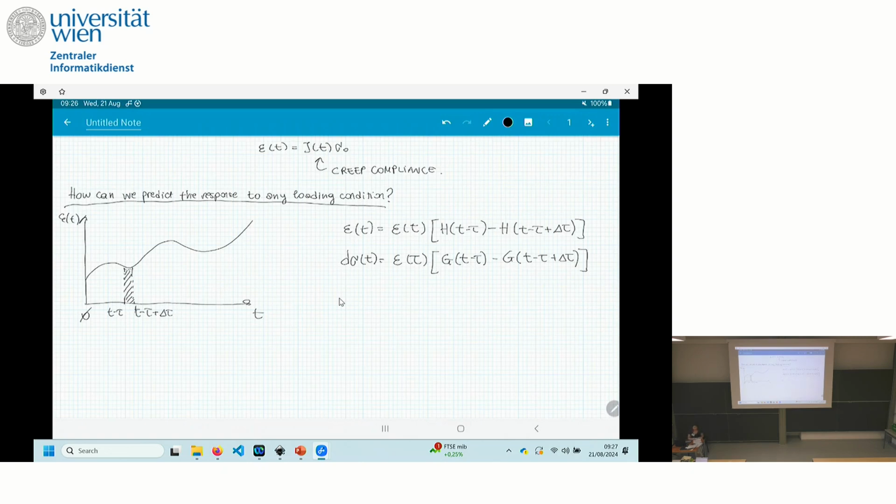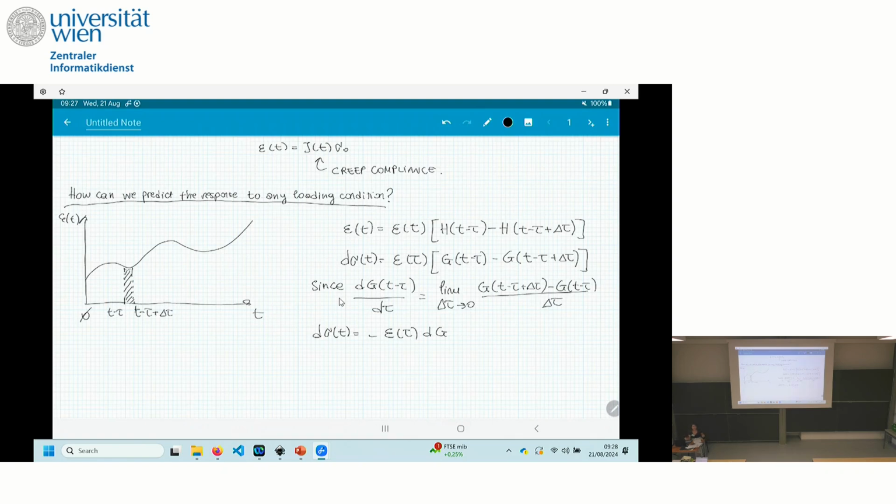So we can rewrite the increment in stress as minus epsilon of tau times the derivative of g of t minus tau, times delta tau. So this is the increment in stress due to that little element.